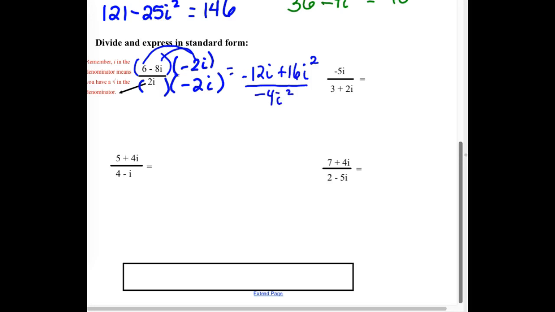Yes, negative 4i squared. But negative 4i squared becomes 4. And that's why we're doing this, so that we just have a regular integer number in the denominator instead of the i part. The numerator, the 16i squared, turns into a negative 16, and I put that first. That's the real part. And then I have a negative 12i.